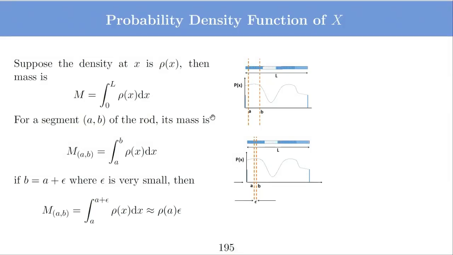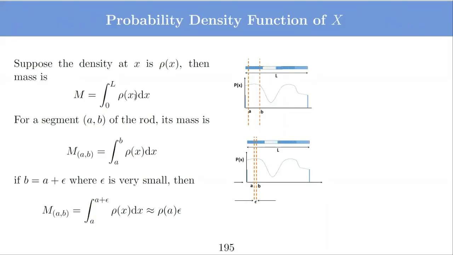This means you divide the stick into small intervals of size dx. Since the density is rho x, we assume the density is constant in that small segment of length dx because dx is very small.